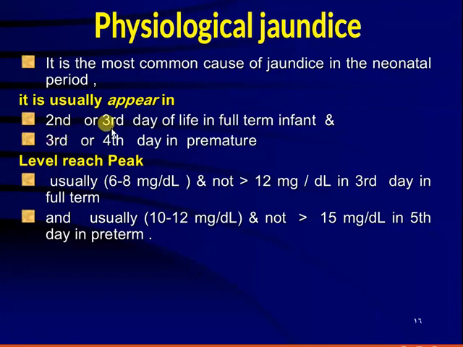It usually appears on the second or third day of life in full-term infants, and the third or fourth day in preterm infants. Level reaches a peak usually of 6 to 8 milligram and not more than 12 milligram per deciliter on the third day in full term, and usually 10 to 12 milligram and not more than 15 milligram on the fifth day in preterm infants.